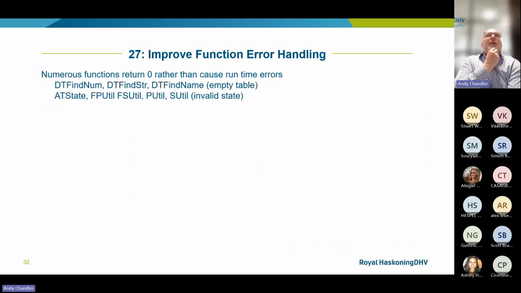We've also changed the behavior of some of the functions that used to cause runtime errors. So we're returning a value of 0 rather than bringing up a runtime error and stopping the execution. So yeah, if there's an empty table for one of these data table functions, or an invalid state was passed for an element to one of these utilization functions, that was causing an error to stop the model.